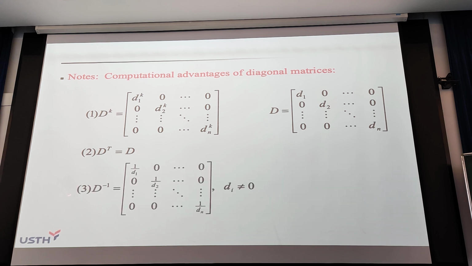And D inverse will be that one in case all the entries lying on the main diagonal are non-zero. So that is everything we need to study during chapter number 6, and we go right now to lecture number 7.